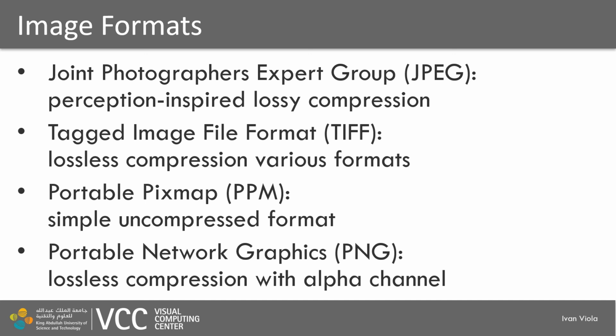So this means that not every pixel value is stored at each position of the raster image, but only a fraction of the information is stored, and at the time of display, this information is uncompressed.